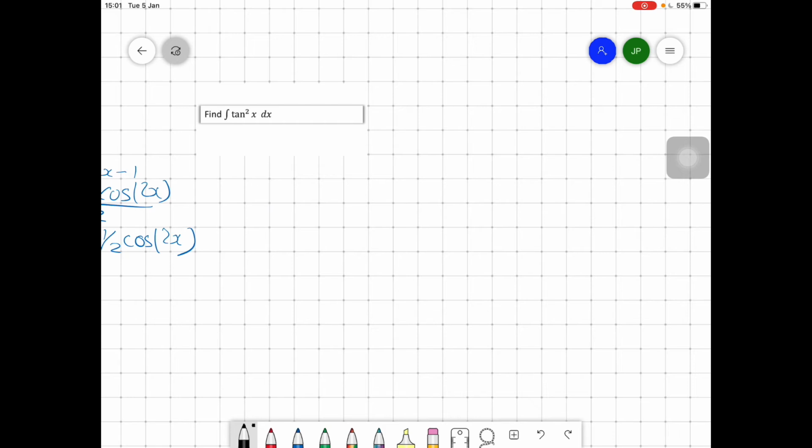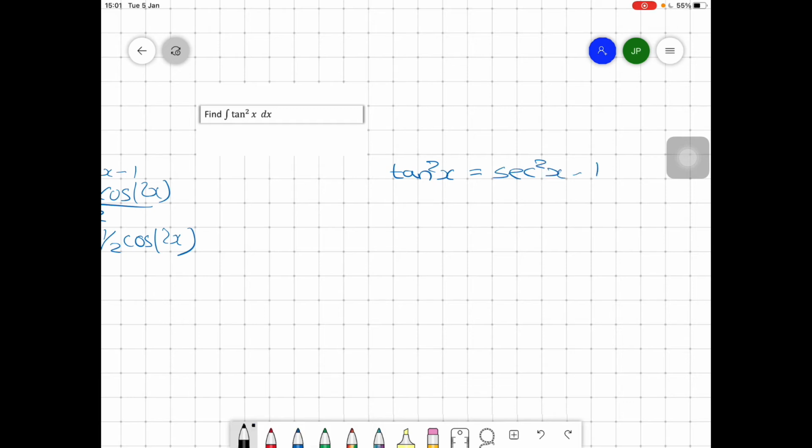I also know that from tan squared, there is an identity that links tan squared and sec squared. So I know that tan squared equals sec squared x minus 1.